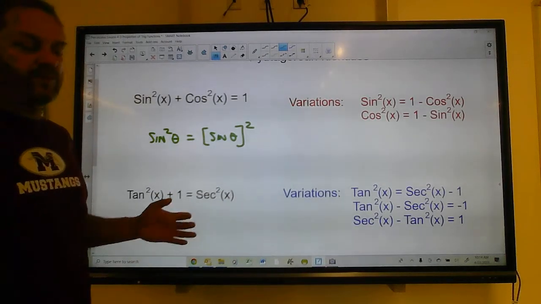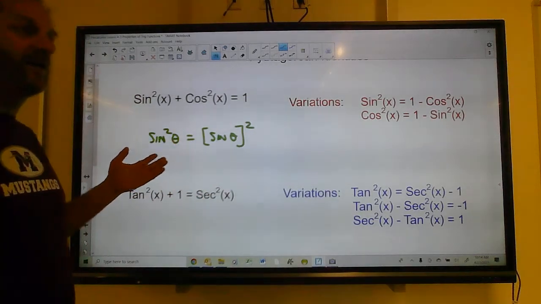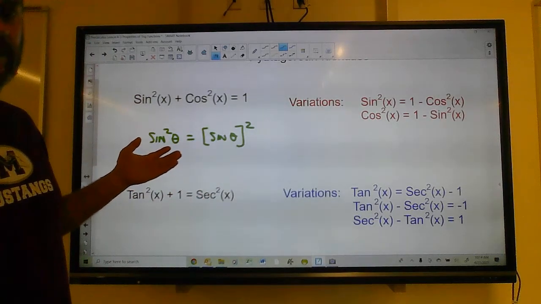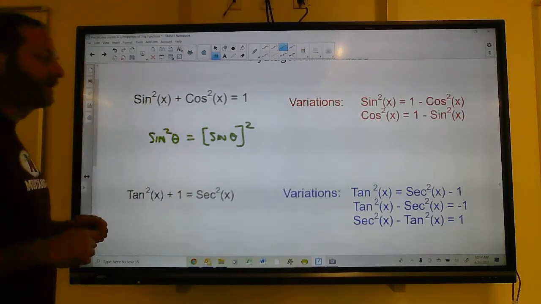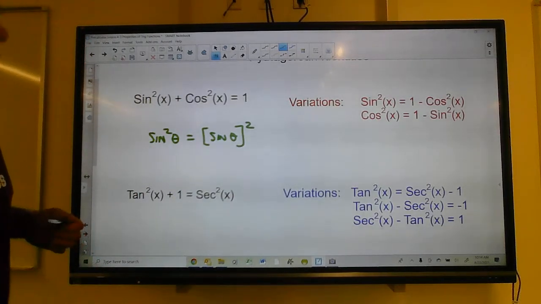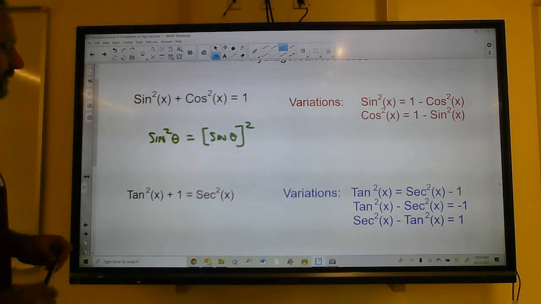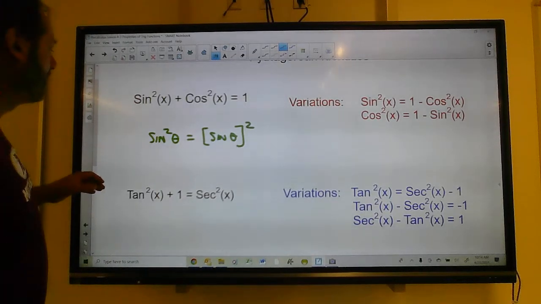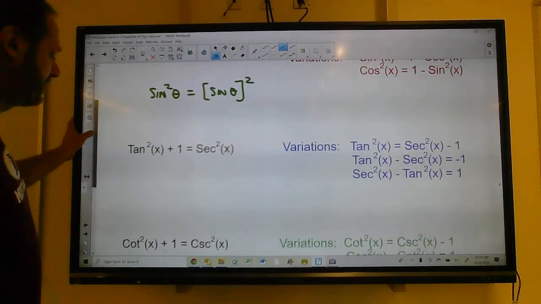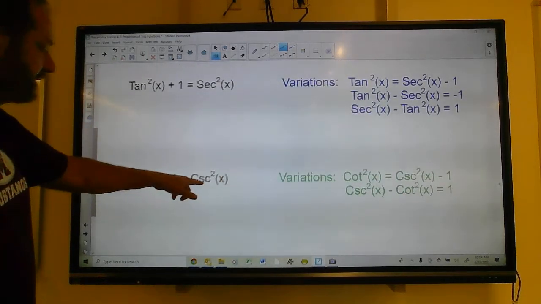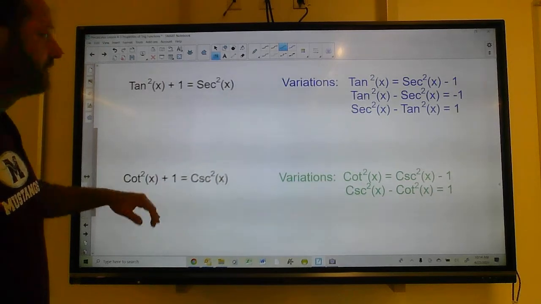It was a big epiphany for me. How did I not know this? Now a whole bunch of things make a whole lot of sense. I'm going to try to give you a few of those as we go through the semester, but that was a big one for me. So that's what all these mean. This is cosecant theta, squared.